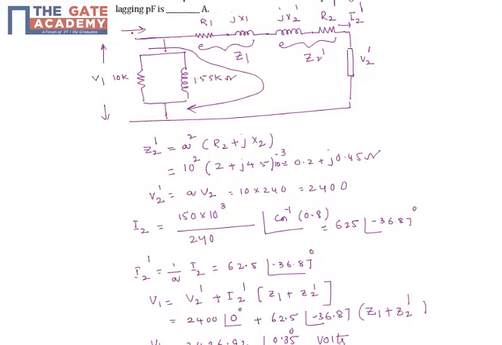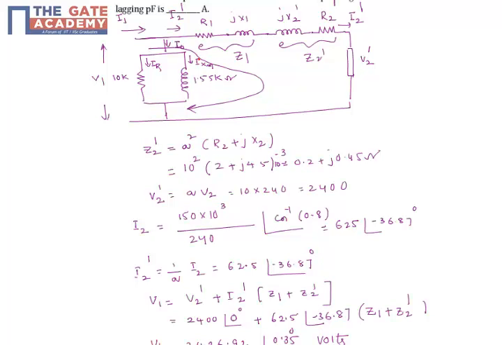If you see the input current, this is the input current, I'll call it I1, and this is nothing but I2 dash plus I0. I0 is nothing but the current through this, let us say IR, and the current through this is IXM.